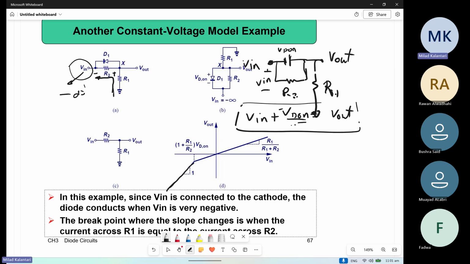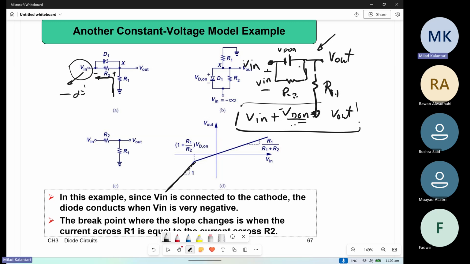Okay. And then we are increasing the Vin, right? At which region does the diode turn off? The circuit is like this, until when? Exactly, right? Is that also clear for you?